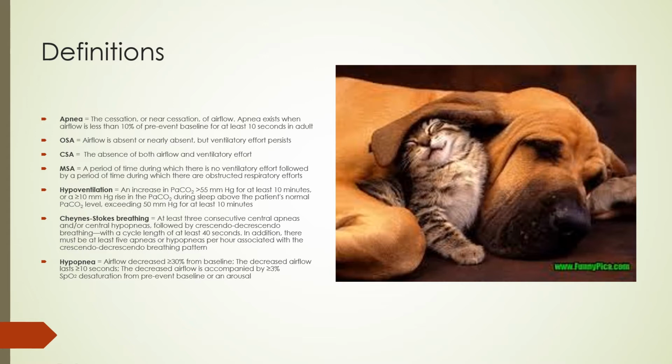Something's stuck in their throat. That's the same thing here. You're going to see their belly moving because they're trying to breathe, so it's more belly than chest, but you're not going to see any chest rise. You're not going to see any movement of respiratory organs at all because there's something blocking the way, and usually it's the tongue.